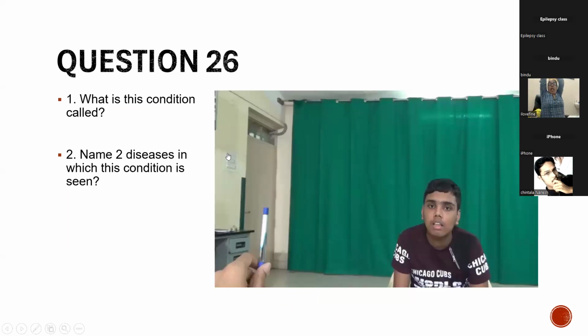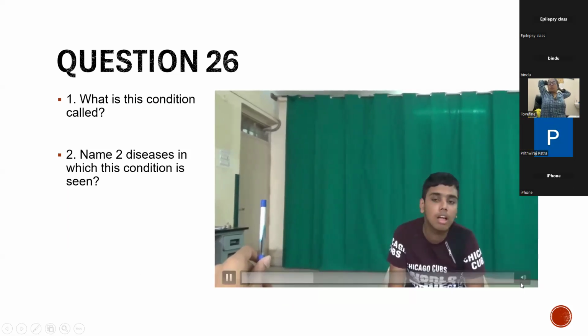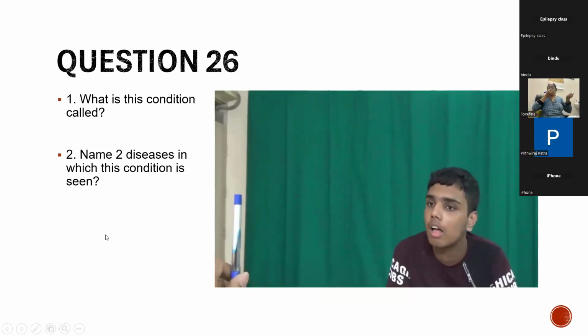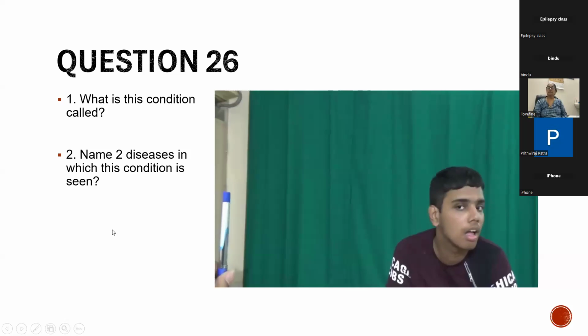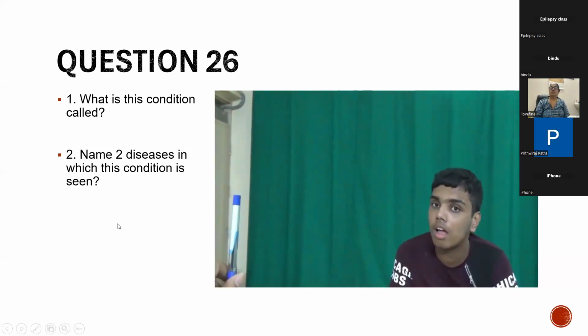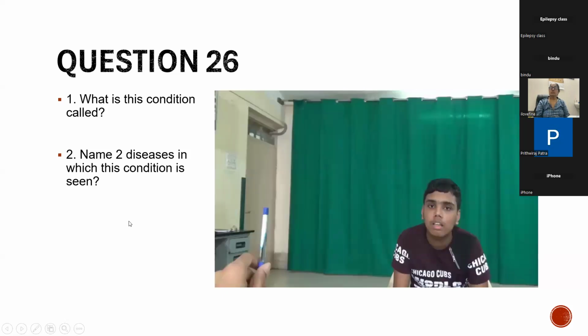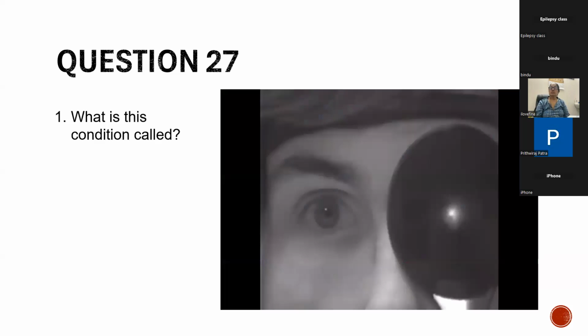Question number 26. What is this condition called? Name two diseases associated with this condition. Question number 27. The patient is undergoing a cover uncover test.